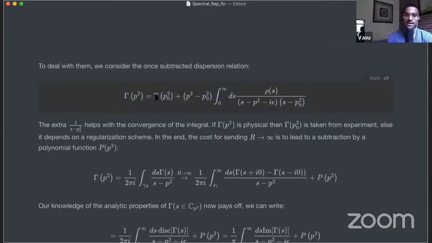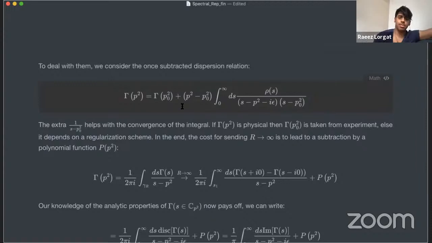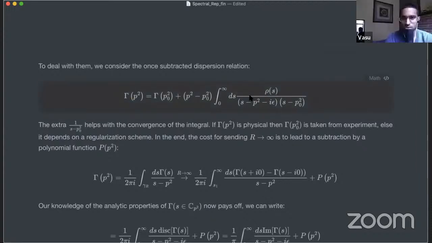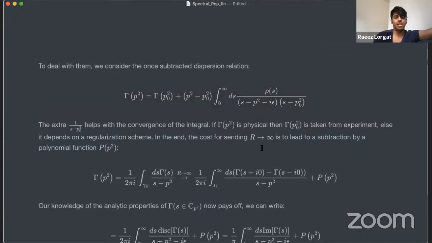Exactly. And demand that it's vanishing by pushing your ignorance into gamma of p naught squared, the subtraction constant. And instead of computing the contour integral at first order pole, do it at a second order pole. I now understand this argument a whole lot better. I love that you've presented it this way.